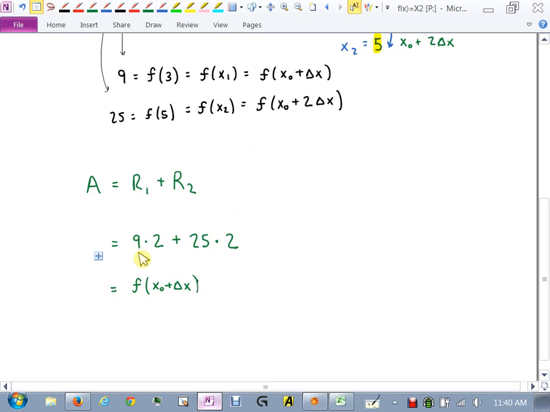What's behind that? That's 9. What's 2? Delta x, so times delta x. Then plus, what's 25? We said that was f of x naught plus 2 delta x. And then the 2 here was delta x times delta x.